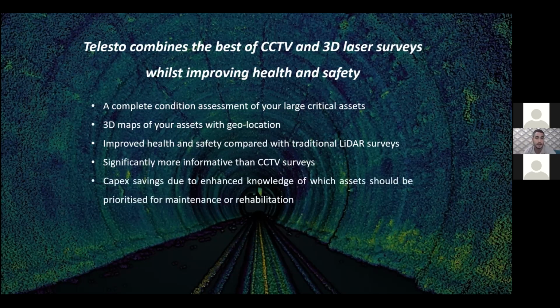It can provide CapEx savings due to enhanced knowledge of which assets should be prioritized for maintenance and rehabilitation. And it also provides lower risks through improved operations and proactive maintenance.